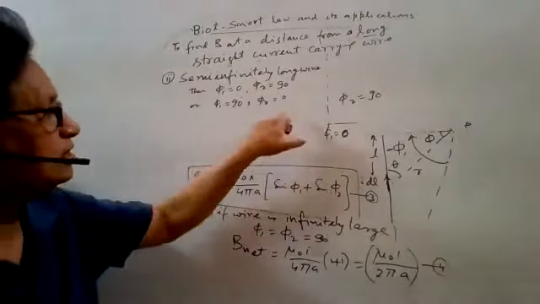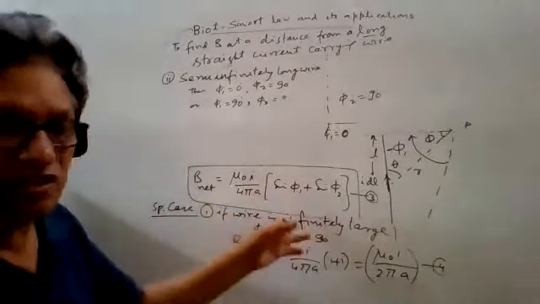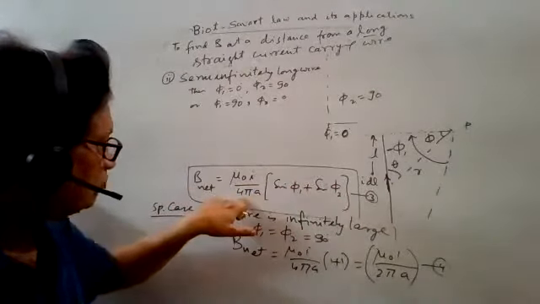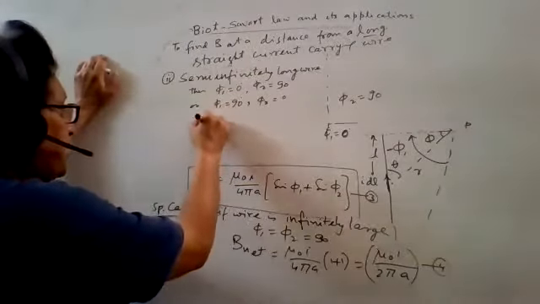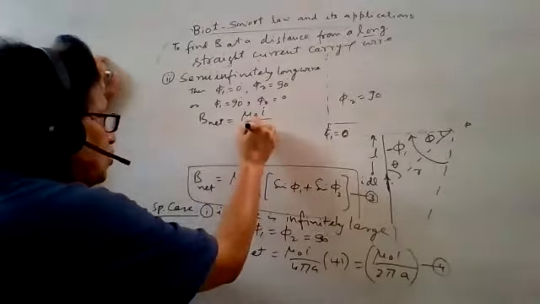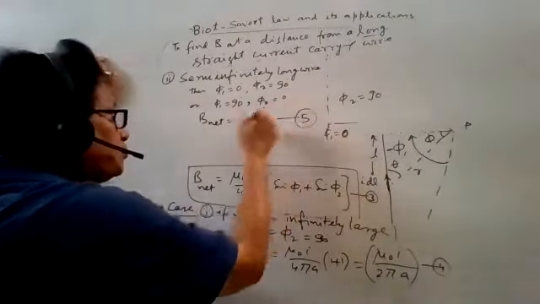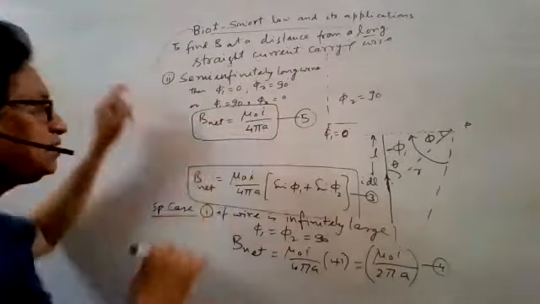It means sin 0 is 0, sin 90 is 1. So 0 plus 1 is 1. It means here it comes to this one. B naught will be mu naught I upon 4 pi a. Got this point?